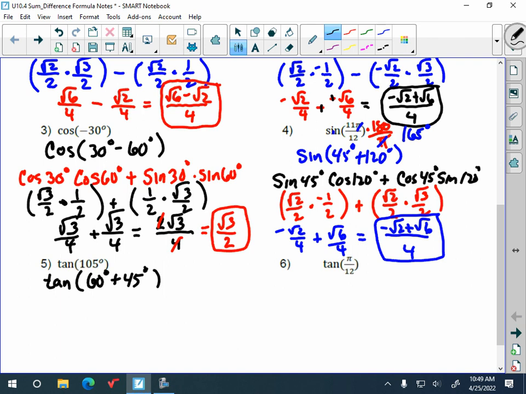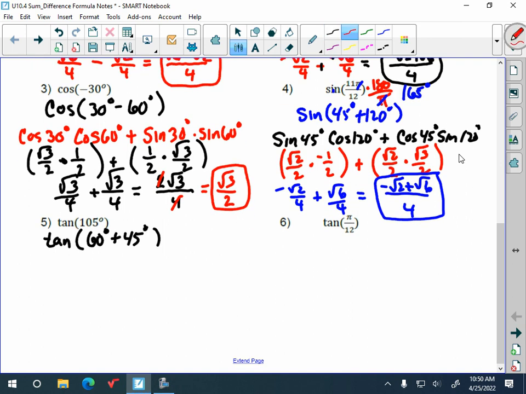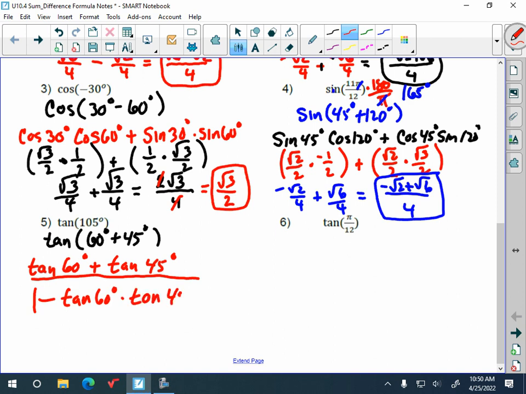All right, so now we're going to use the tangent formula for plus. So tangent of the first angle, 60 degrees, plus tangent of 45 degrees, divided by 1 minus tangent 60 degrees times tangent 45 degrees.